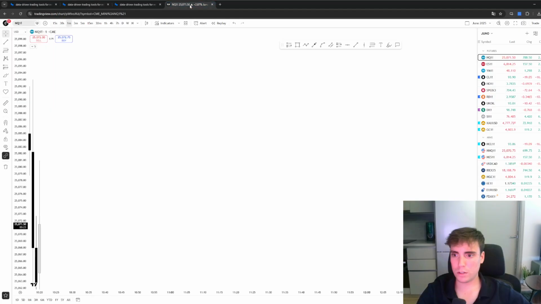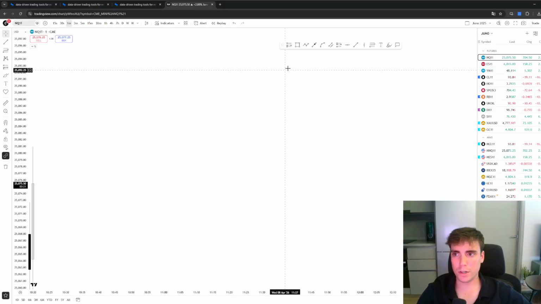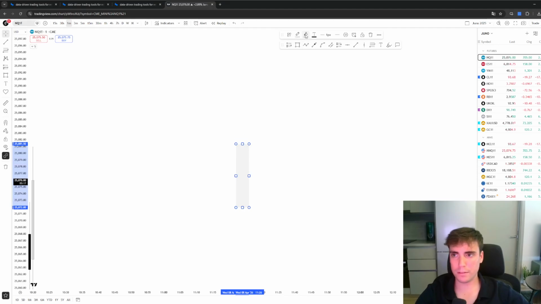So going back to the chart, that means basically that we have this candle, like let's say it's green. Let me just set it to green. It closes as green. This is the 2 a.m. candle.